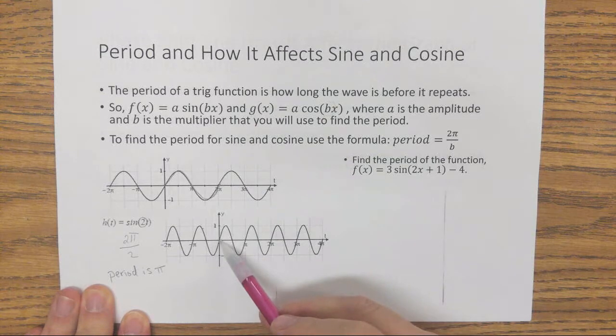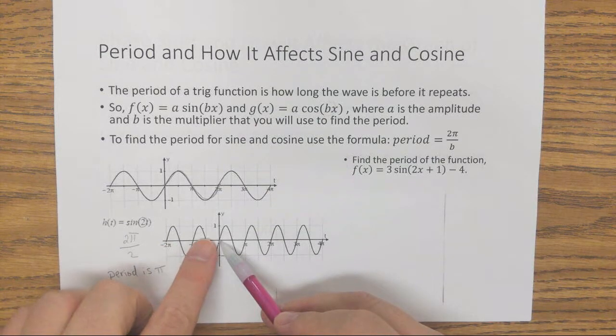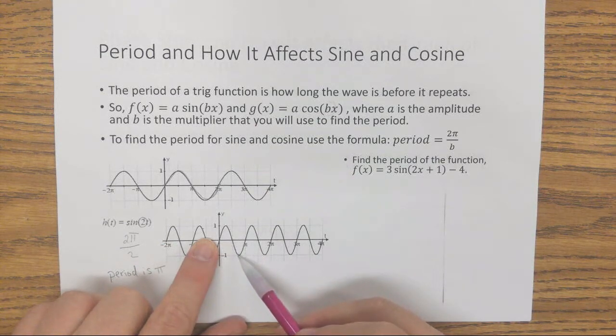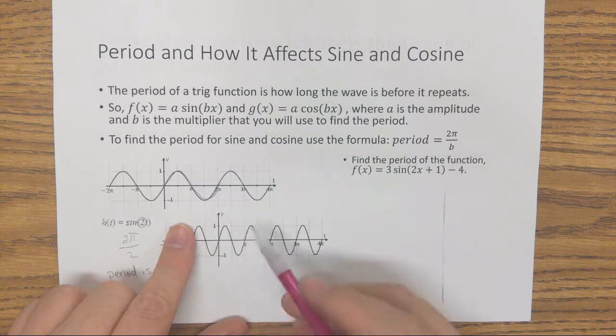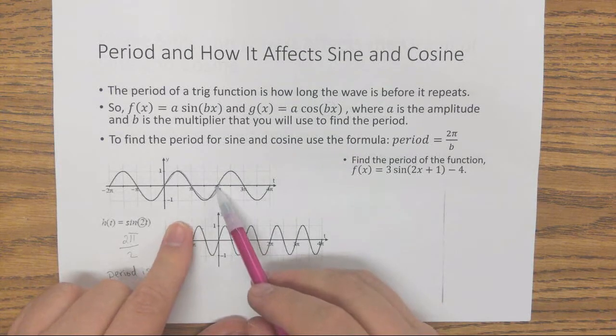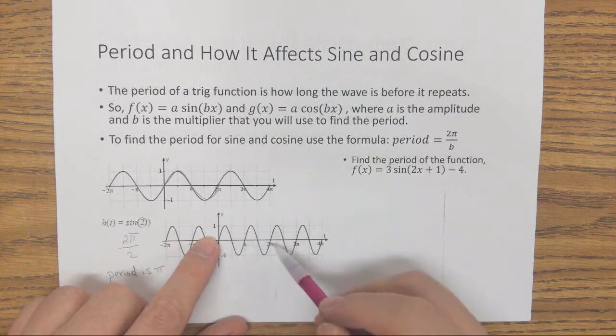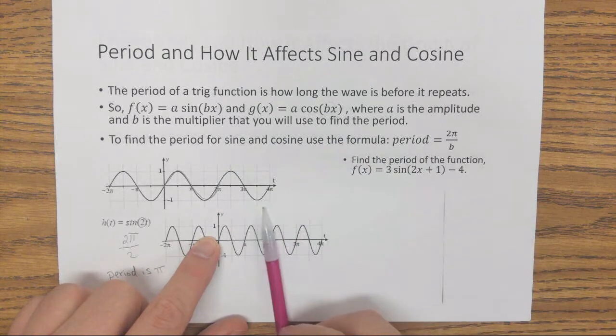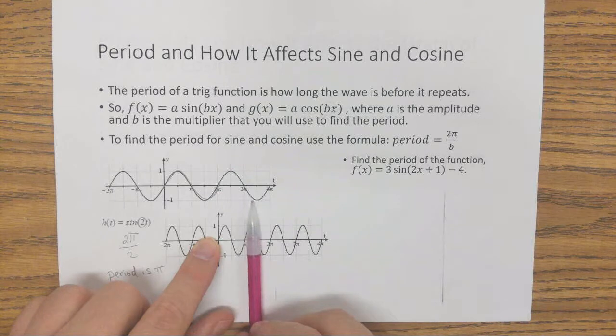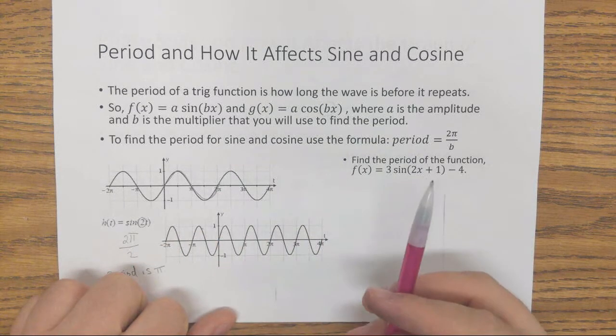So starting at 0 for the sine function, I'm going to go up, down, and back up for my whole curve, and that's all going to happen between 0 and pi, instead of up here, this one was from 0 to 2 pi. So you could see that the period got shorter, and is just right there from 0 to pi.